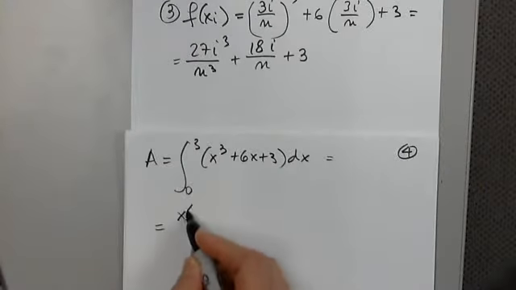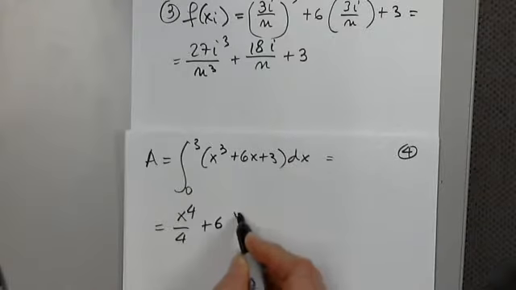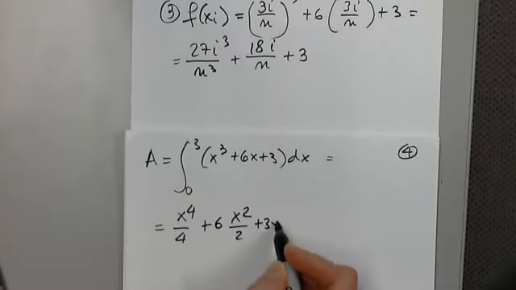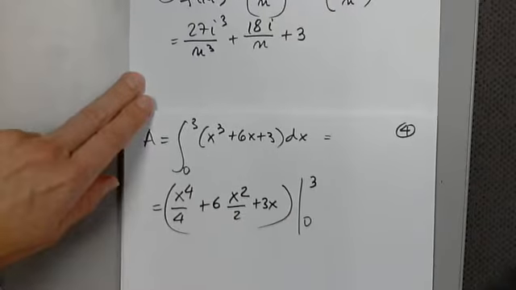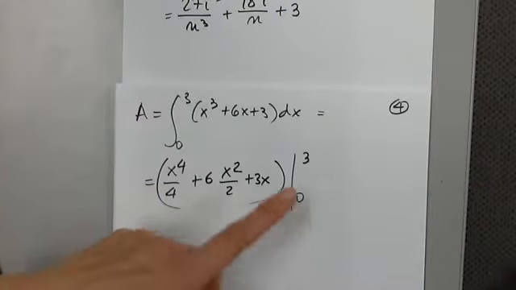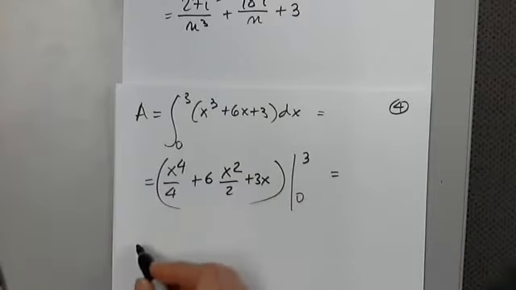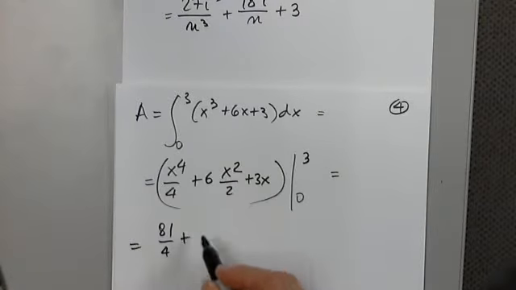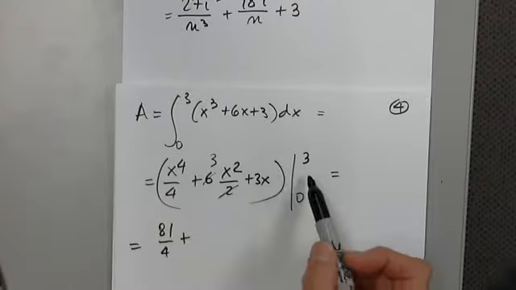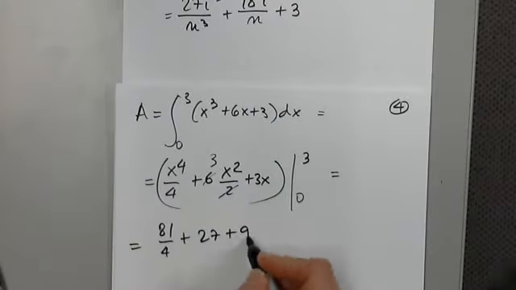So this is x to the fourth over 4 plus 6x squared over 2 plus 3x from 0 to 3. I'm happy that I have 0 as the lower limit, so I only have to plug in 3. So then I have 81 over 4 plus 27 and plus 9.